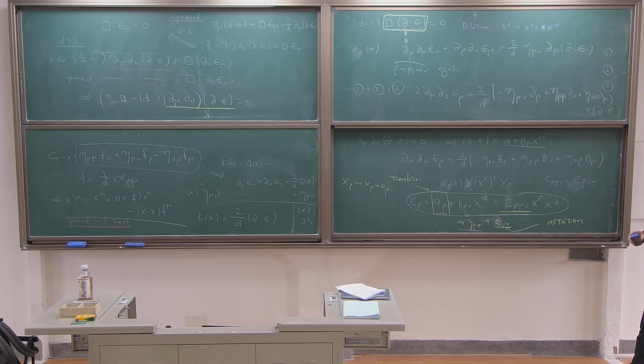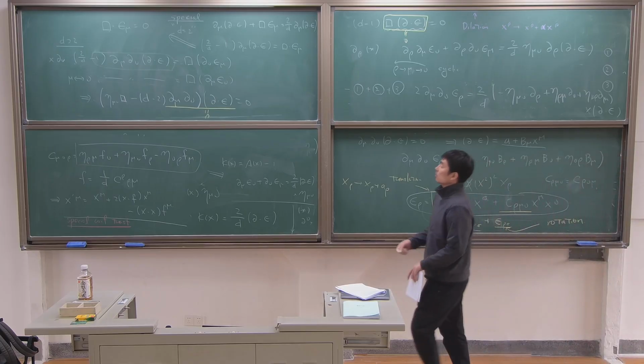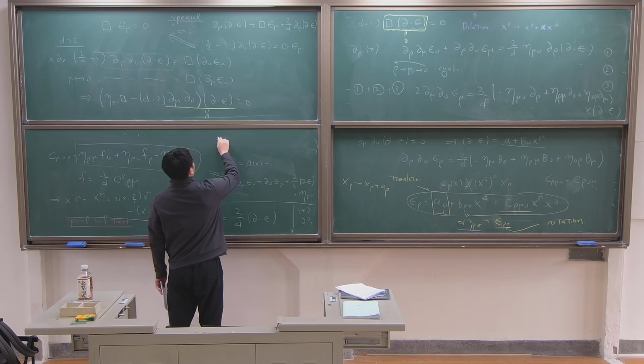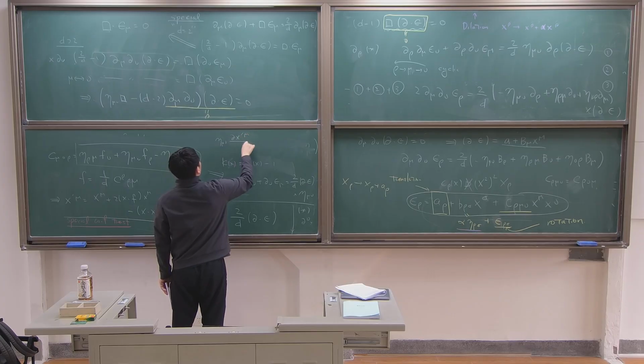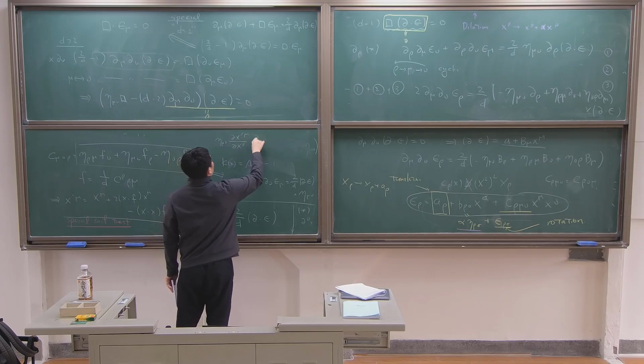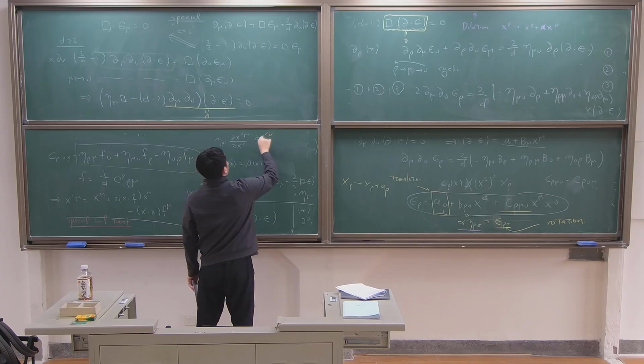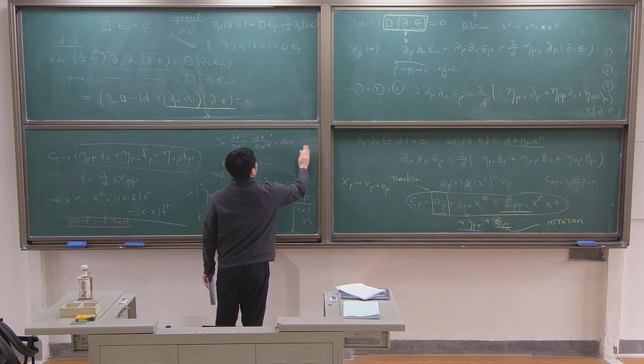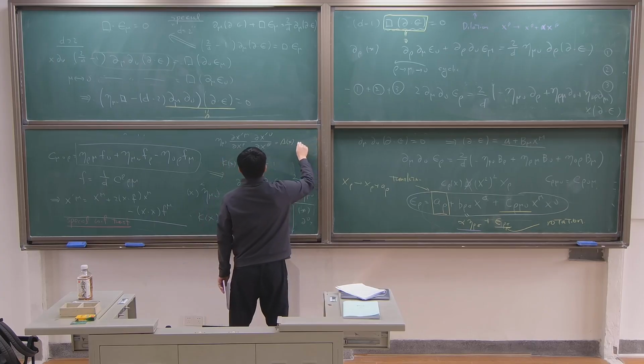Okay, that's how I obtained it. So what we did is as follows. You just start with the usual transformation rule: eta mu nu partial x prime mu over partial x rho, partial x prime nu over partial x sigma, equals lambda of x times eta rho sigma.